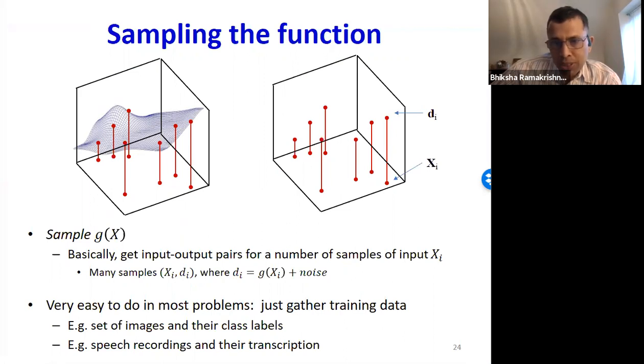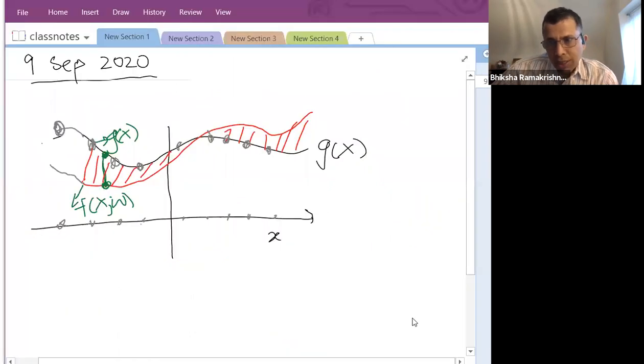And now we will try to estimate the function such that when you optimize the network, the function that it computes actually goes through these points, these dots.